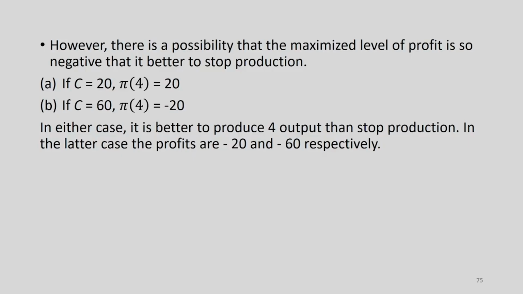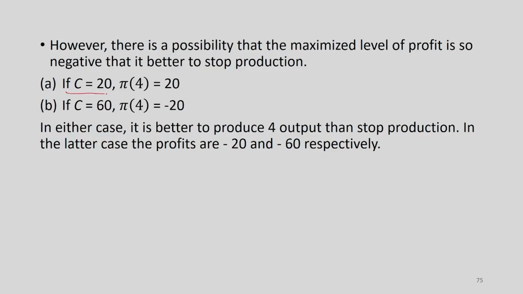At that point of time, it may be possible that it is better to stop production, right. Rather than producing Q is equal to 4, if you produce Q is equal to 0, maybe the loss will not be that bad. That is a possibility. Let us see whether that is correct or not in this case.